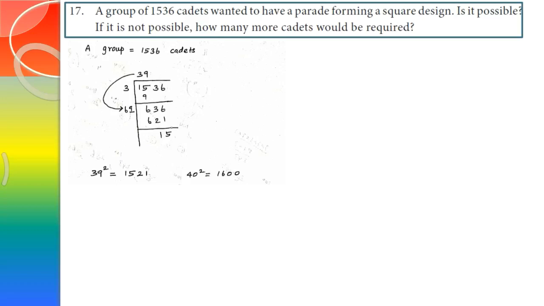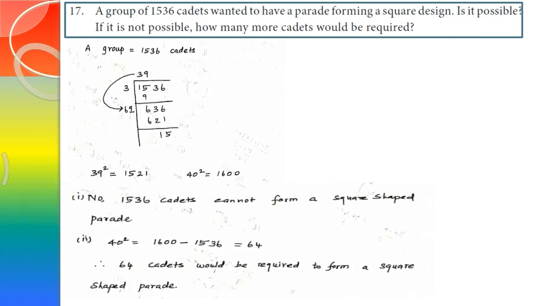Next step, a group equals 1536 cadets. Taking the square root of 1536, the answer is 39 and the remainder is 15. So 39 square equals 1521. 40 square equals 1600.